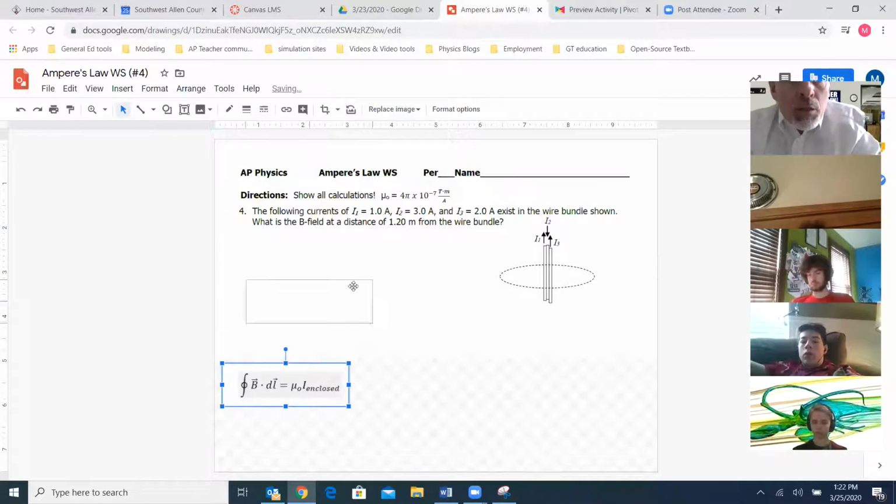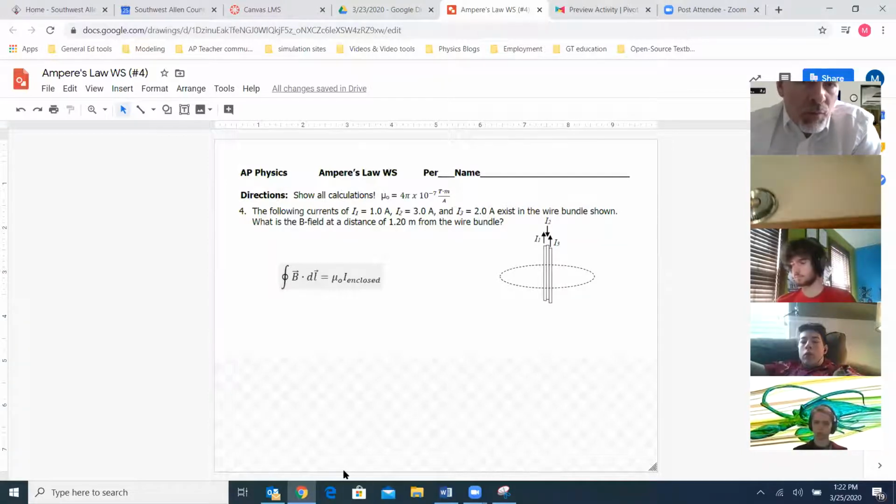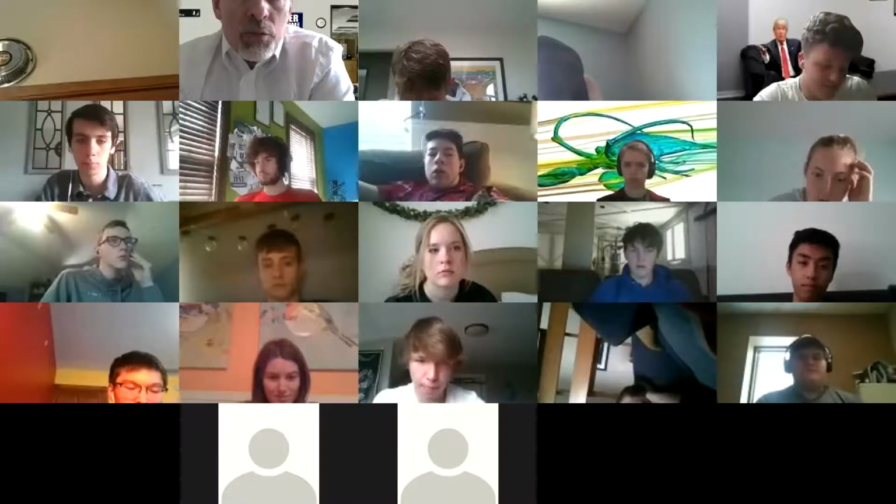There we go. So you're going to use Ampere's law then to figure out what the B field is at some distance away. So how about I give you a little bit of time if you need it for this one. And then as soon as somebody has something they think they feel pretty good about, then go ahead and share it with us.